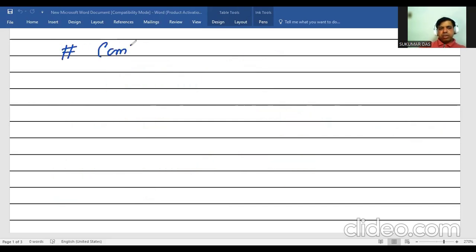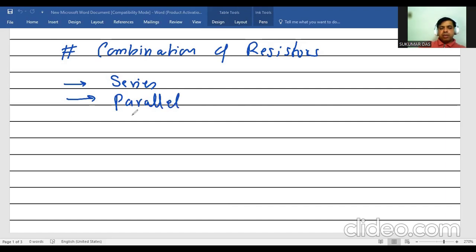Obviously you can expect at least one question from this combination of resistors. Now in how many ways can we combine the resistors? We can combine it in series connection, or parallel connection, or mixed connection, a mix of series and parallel. Or you can get a symmetry type of question.